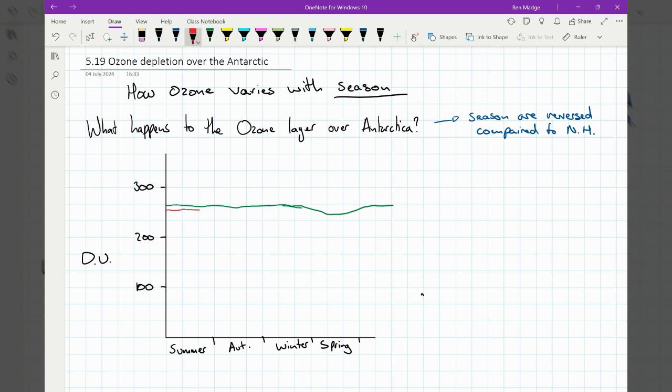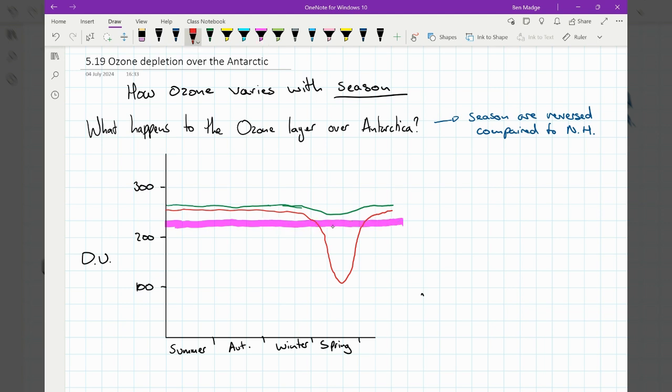So we see that the ozone layer has a significant decline at the start of spring and then returns to normal after late spring, early summer. So remember, anything under 220 Dobson units is classed as a hole in the ozone layer.